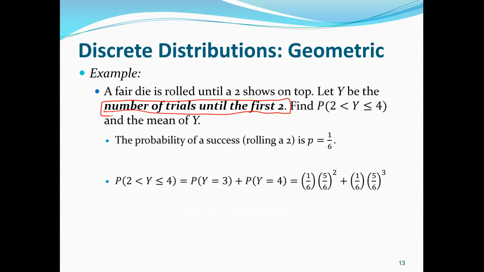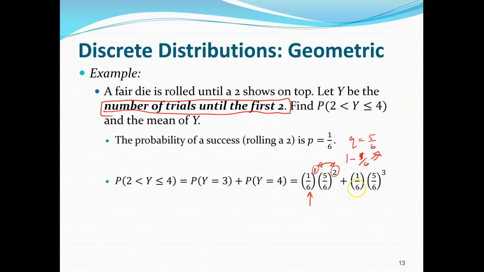Since the probability of success is 1 over 6, we know that the probability of failure is 5 over 6, 1 minus 1/6, which gives us 5/6. Here, I know that there's still 1 success, but there are 2 failures. In this case, the powers have to total your random variable.